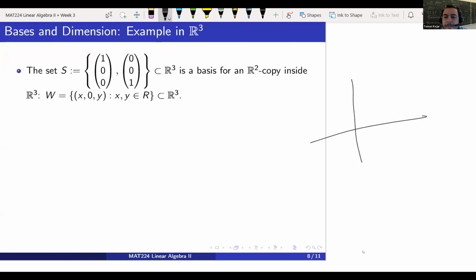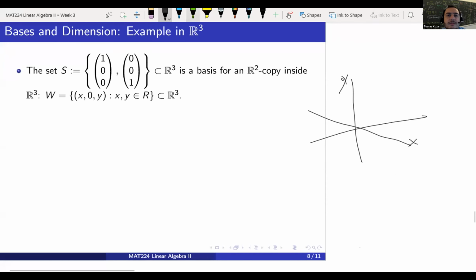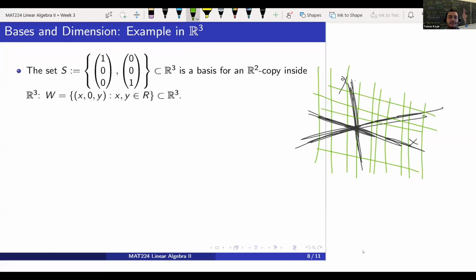We have R3, this is X, and I put the Y on top. So it's basically this flat plane like this, and then these are the axes. So it's this flat plane, and we claim that these two vectors are a basis for it.